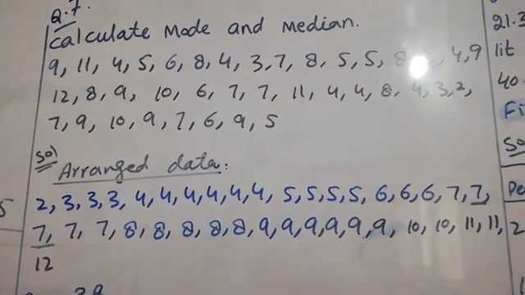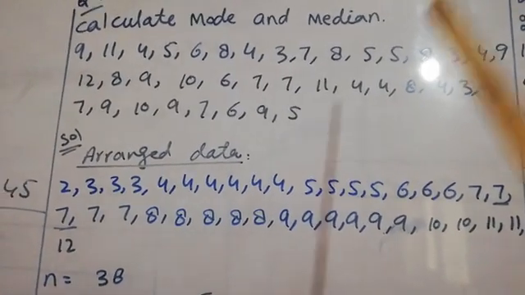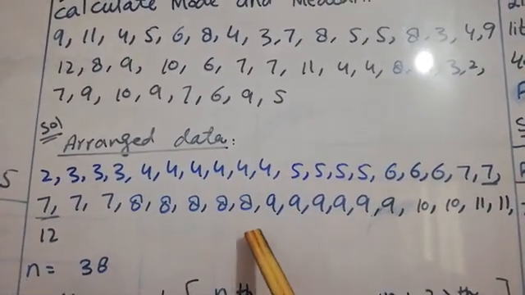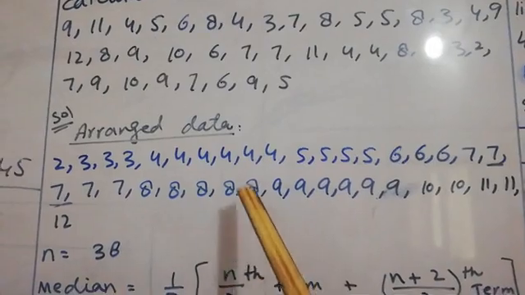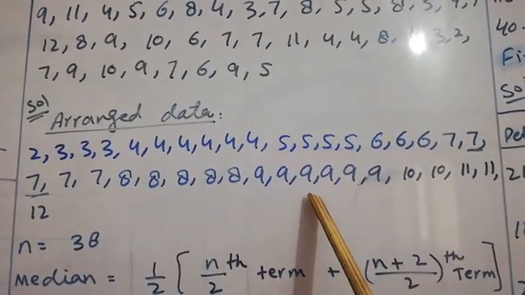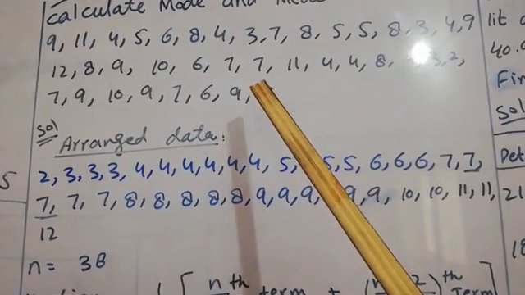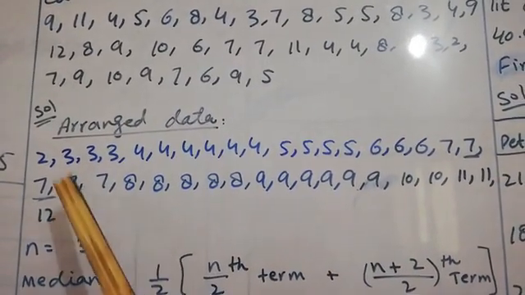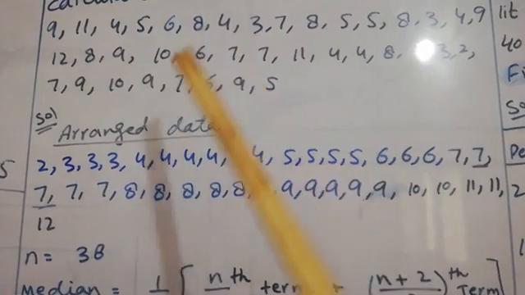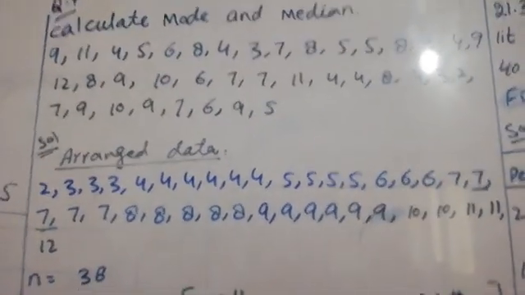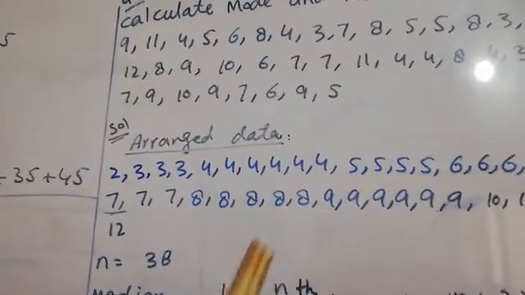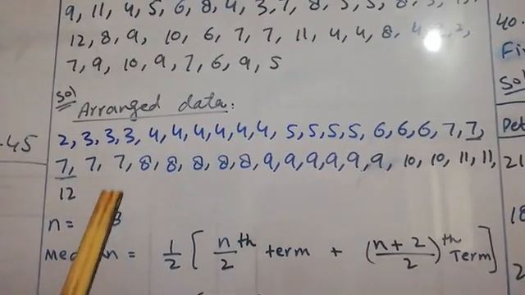To calculate the median, remember one thing: for median only, we will arrange the data either in ascending order or in descending order, as you wish. First of all, we will arrange the data very carefully, and after that we will count all these values, and check how many values there are.